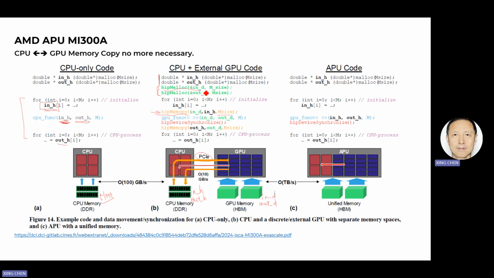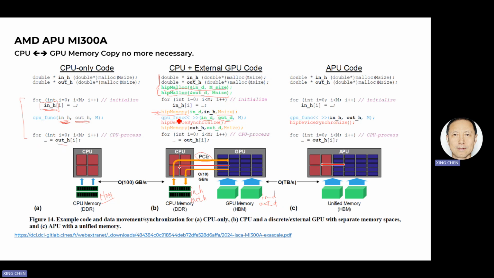The green is you have to declare this variable. Okay, and then because you have copied the data from the host to the GPU, right now you can work with in_d and out_d, because right now they are in the GPU memory, and the GPU can access its own memory.